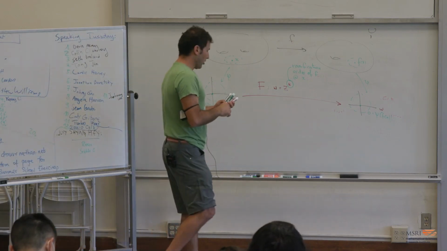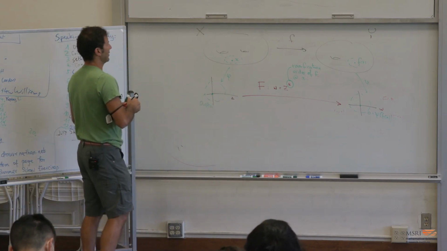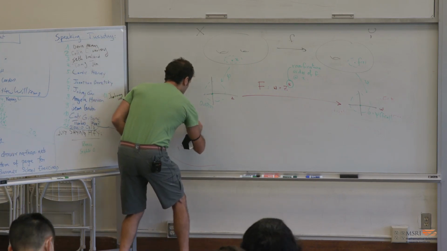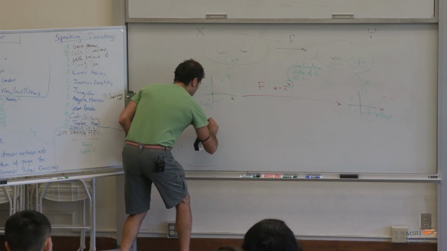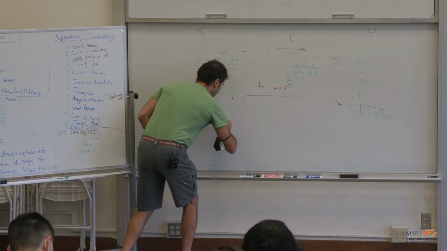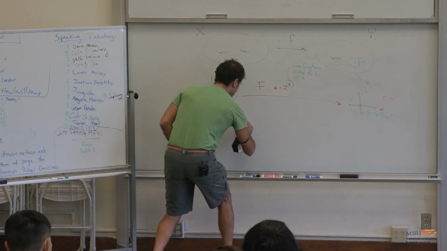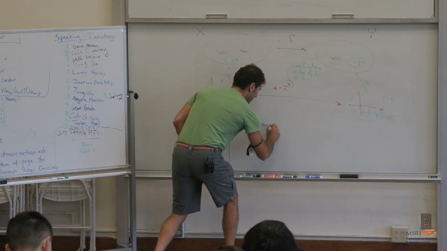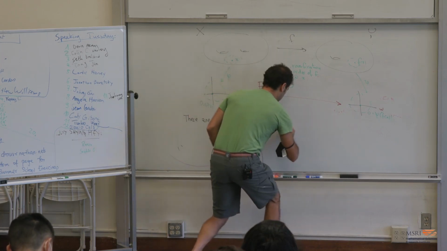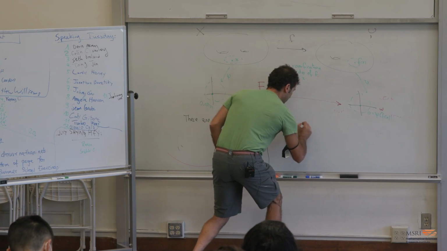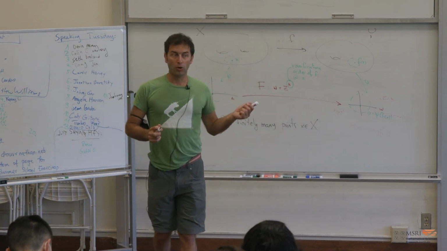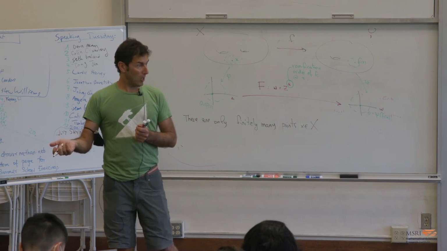And then what one shows is that there are only finitely many points x in X which have ramification order strictly greater than 1.